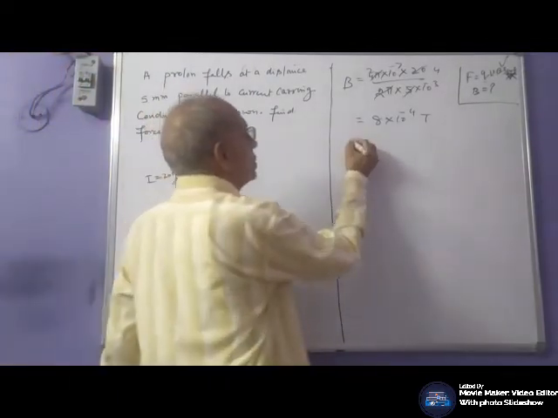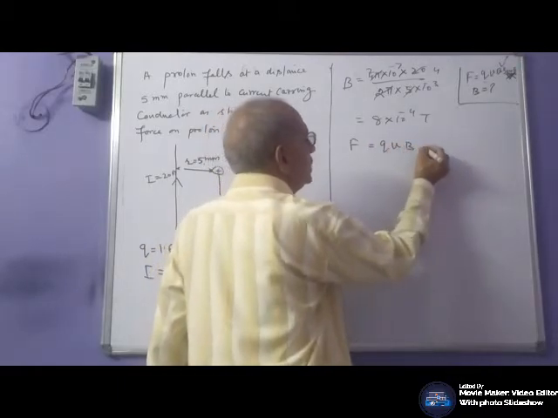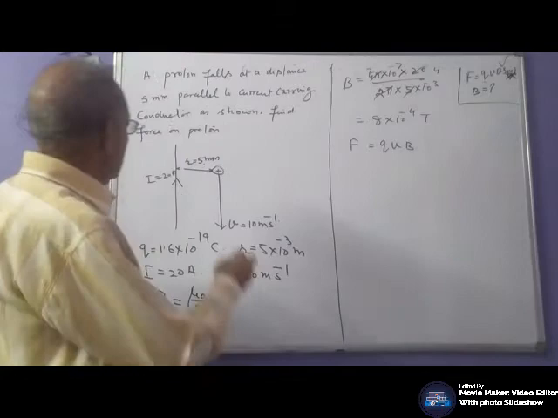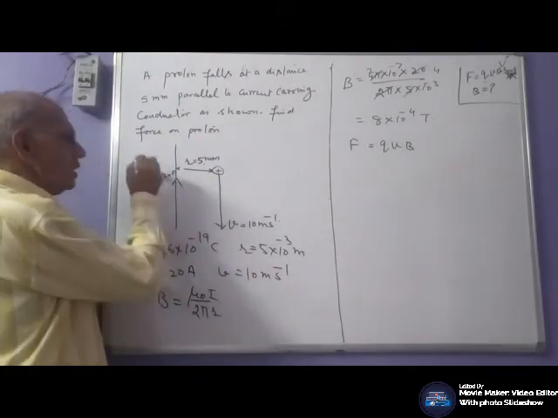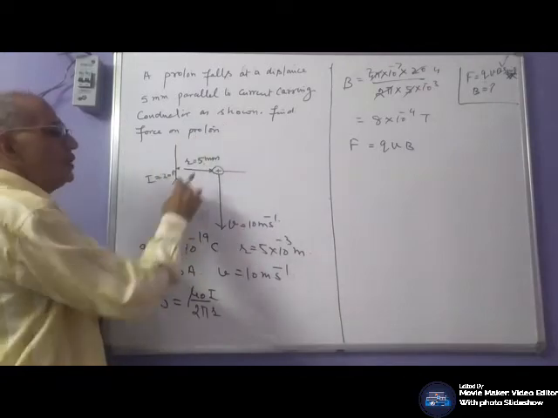Now force is QVB sin theta. This is I, this is B. So theta 90.